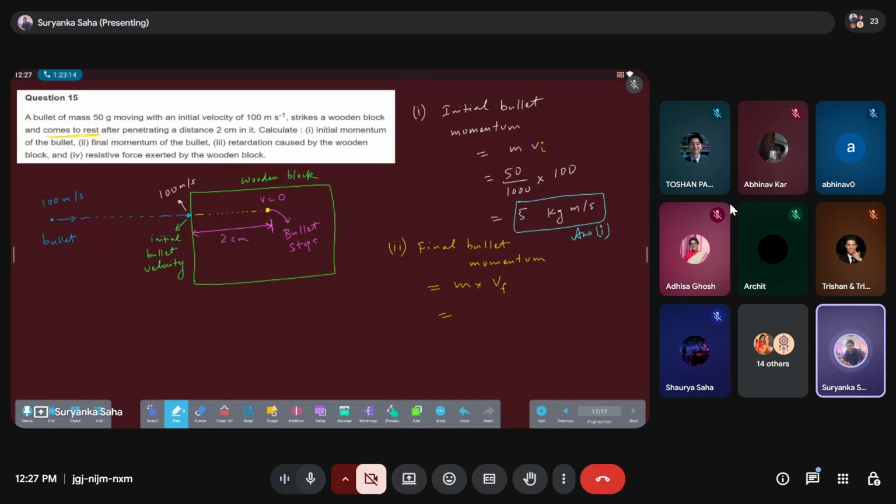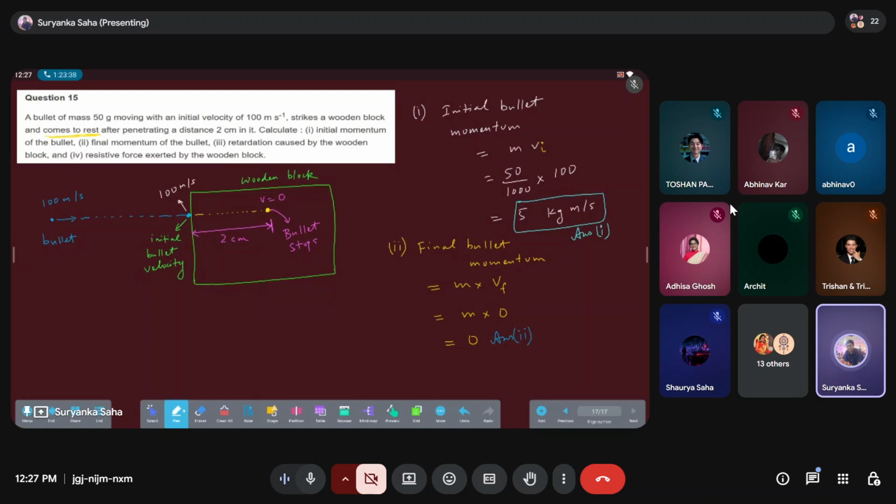Mass is the same thing, but you don't have to write it because final velocity is 0, so final momentum will be mass into 0, that is equal to 0. 0 is the answer. Okay, this is the answer, part 2.